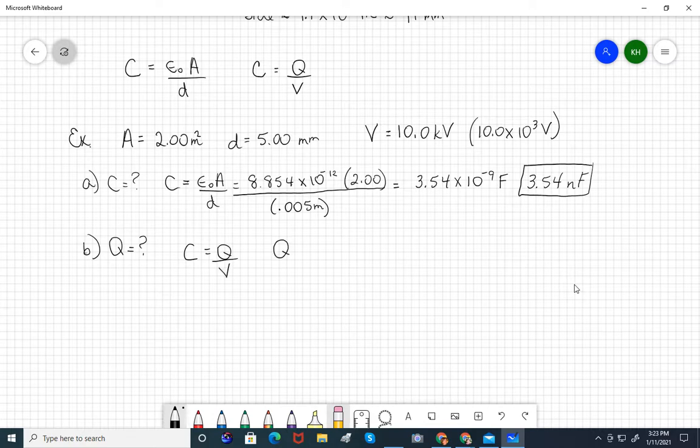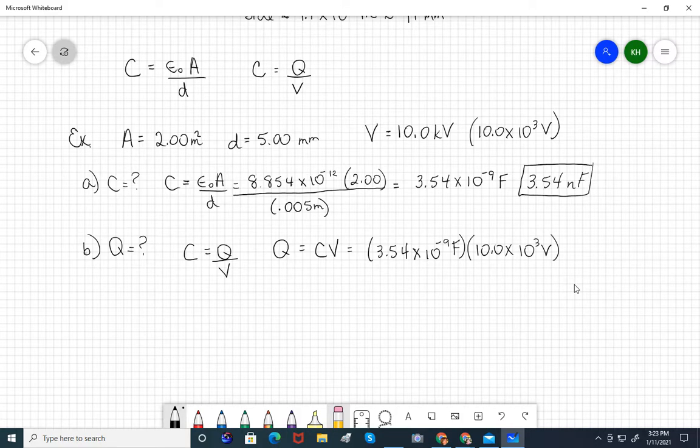So Q is going to simply equal the capacitance times the voltage. So we have 3.54 times 10 to the negative 9 for the capacitance, and that's farads, and 10.0 times 10 to the third volts.